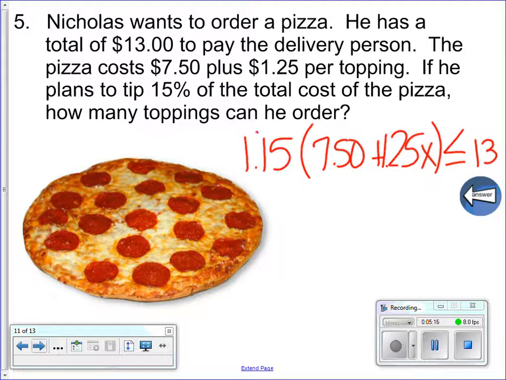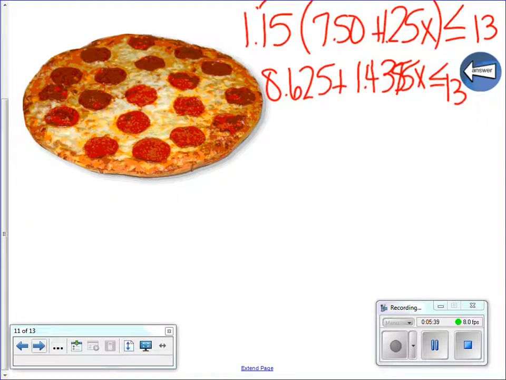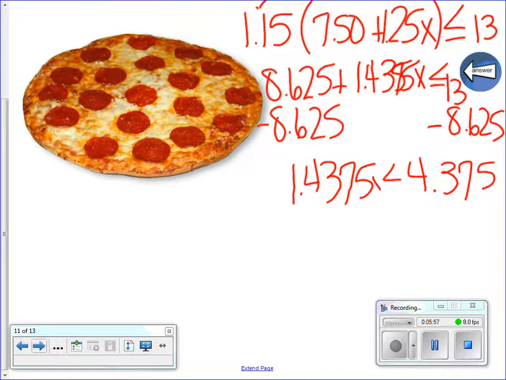So we'll distribute. 8.625 plus 1.4375x is less than or equal to $13. Then I am going to subtract 8.625 from both sides. And that gets me 1.4375x is less than or equal to 4.375.